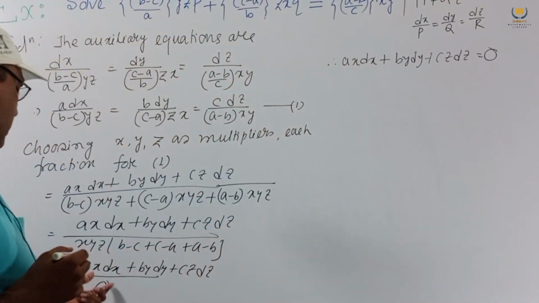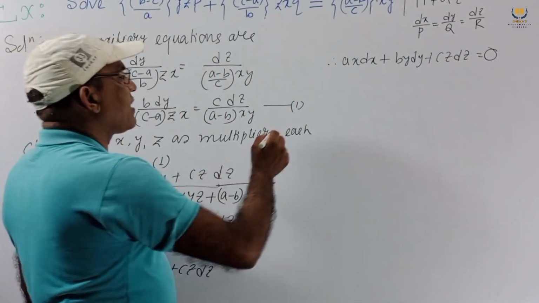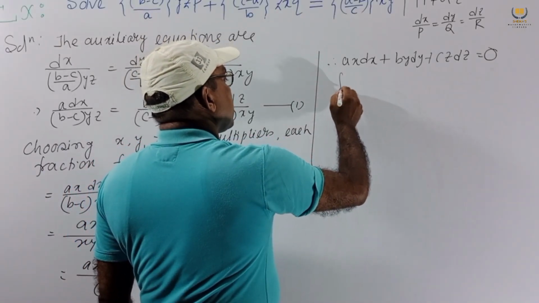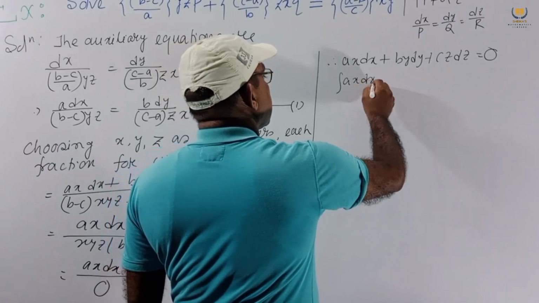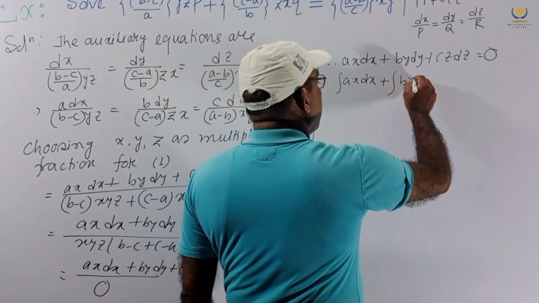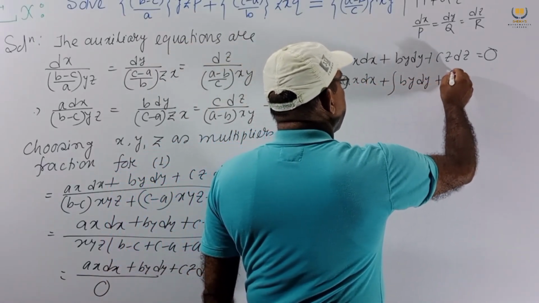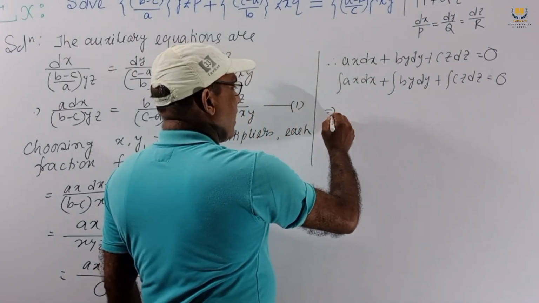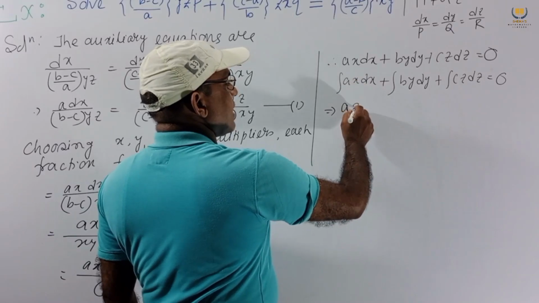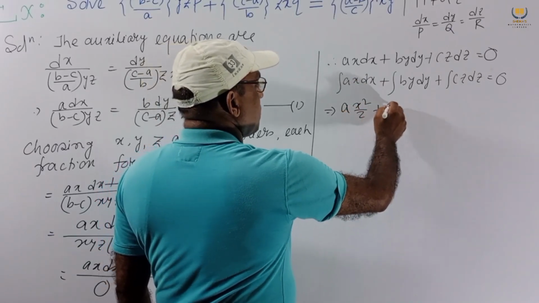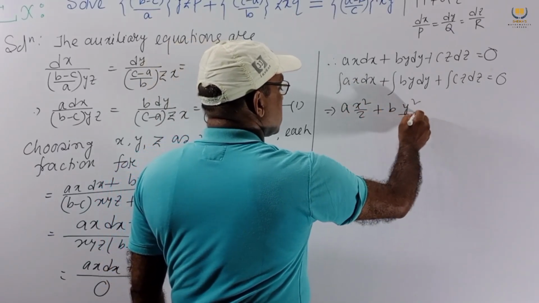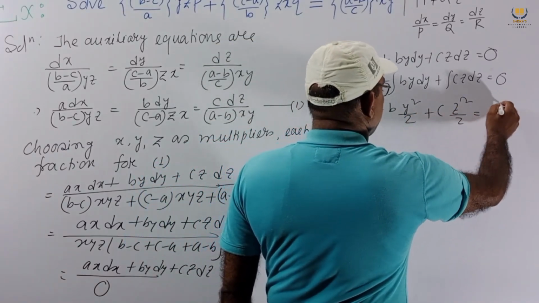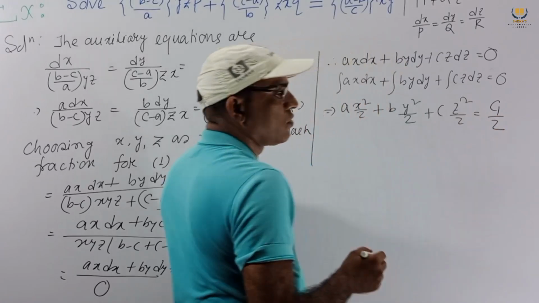Now integrating both sides: integration of ax dx, integration of by dy, integration of cz dz equal to 0. a is constant, x means x square by 2, b is constant, this is y square by 2, c constant, z square by 2 equal to c1 by 2.